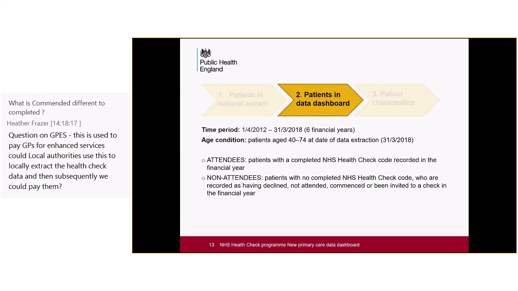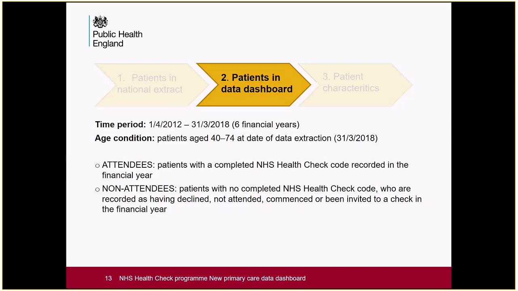So the ages of patients in the publication, we've restricted to the eligible age range, which is 40 to 74. And importantly, we've defined patients either as attendees of the programme or non-attendees. Attendees will be patients with a completed NHS Health Check code in the financial year in question.